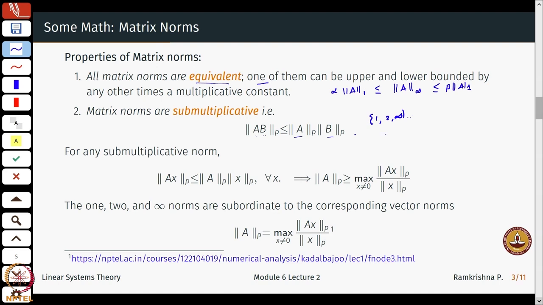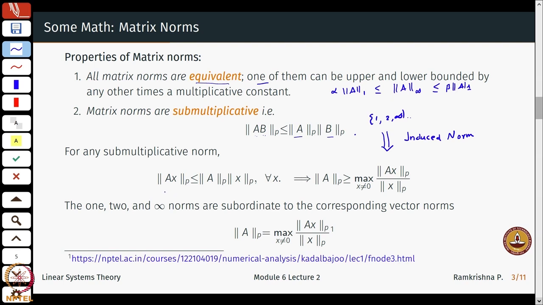So, from the property of submultiplicativity, we can define what is also in literature usually referred to as the induced norm. So, I will quickly run you through what this could mean.